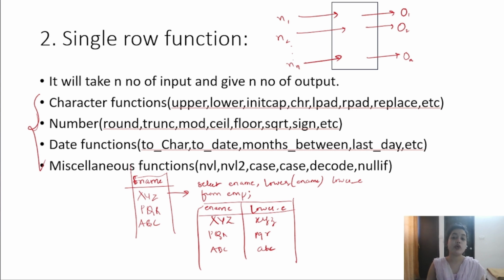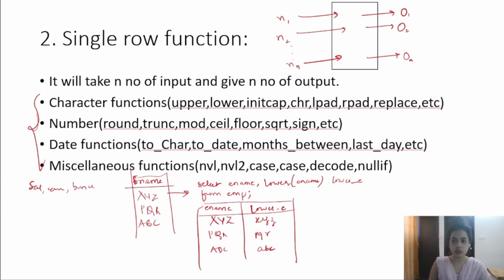Whenever you want to manipulate something regarding numbers, like the salary column, commission column or bonus column, at that time we'll go for number functions. Whenever we want to manipulate dates, we'll go for date functions. And there are a few miscellaneous ones also, which we'll get to know as we move on with single row functions.